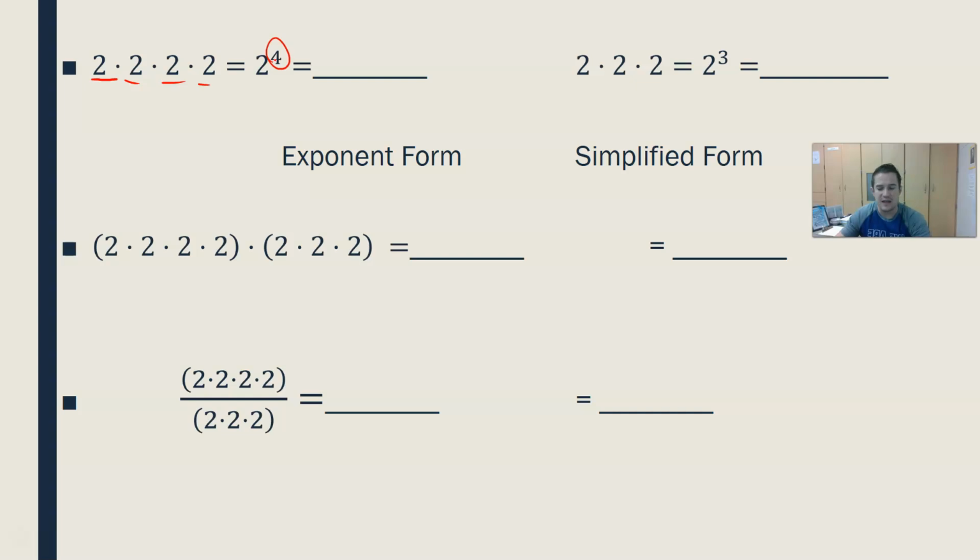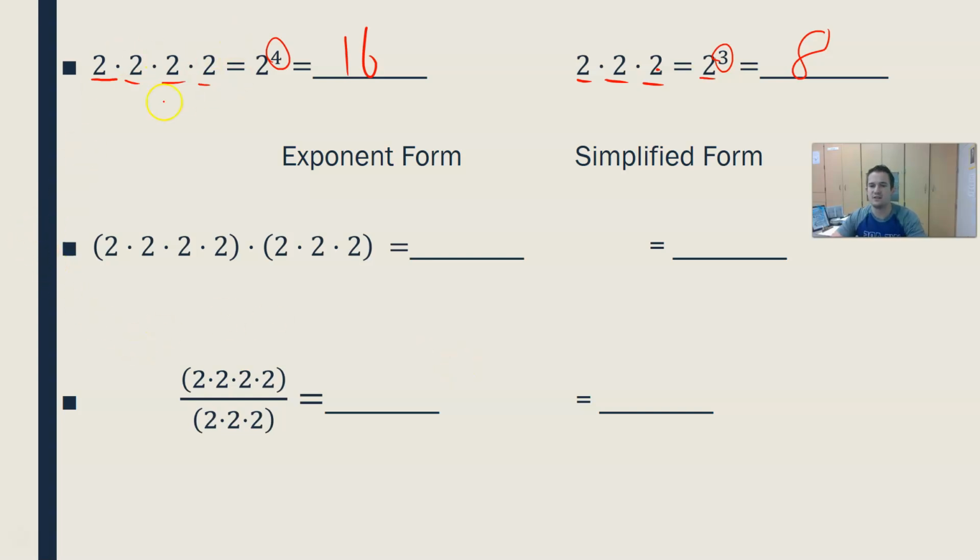If I computed that, 2 to the 4th power is 16. 2 times 2 is 4, times 2 is 8, times 2 is 16. Same right here, 2 times 2 times 2 is 2 multiplied by itself 3 times. So 2 to the 3rd power: 2 times 2 is 4, times 2 is 8. So 2 to the 3rd power is 8. Great, that's awesome.